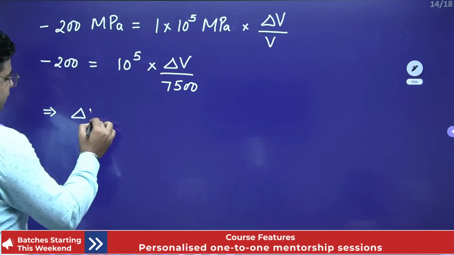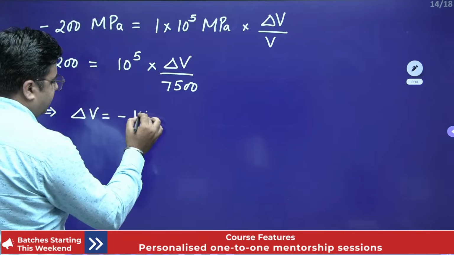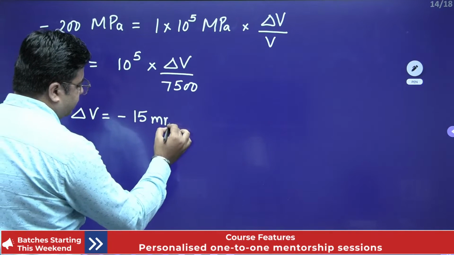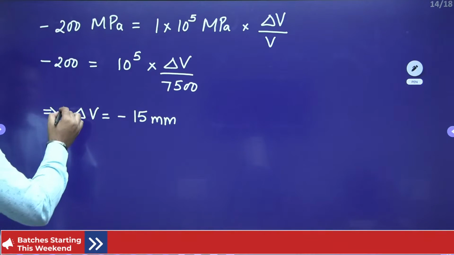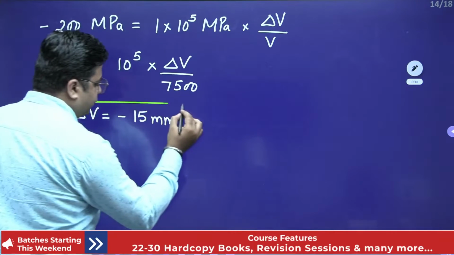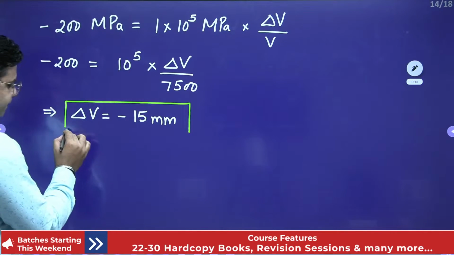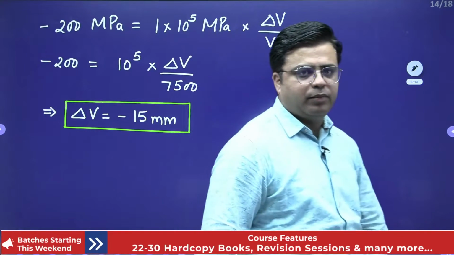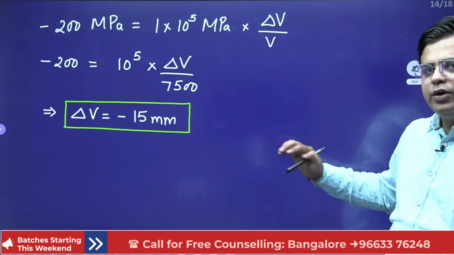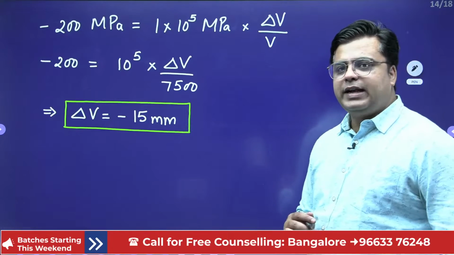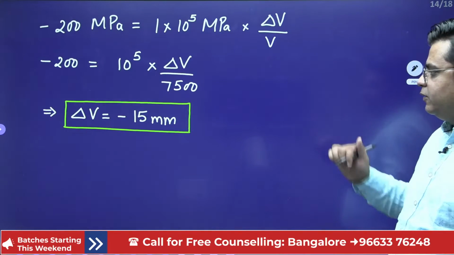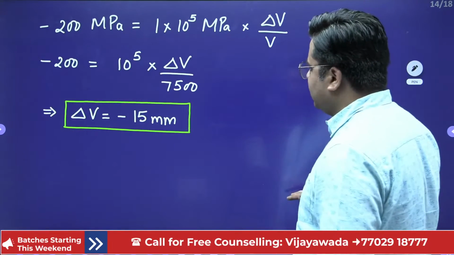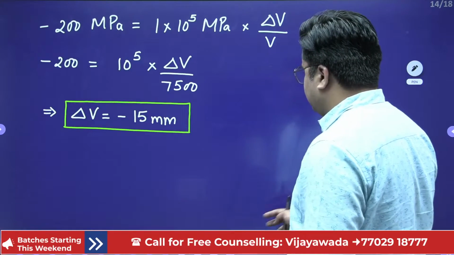So delta V comes out to be minus 15 mm cube. I hope this is clear to you. So this is how you need to solve this question.